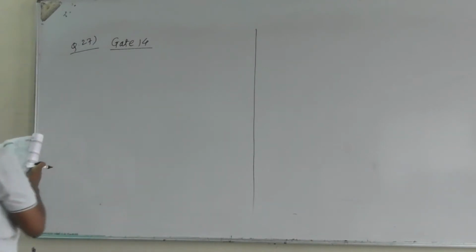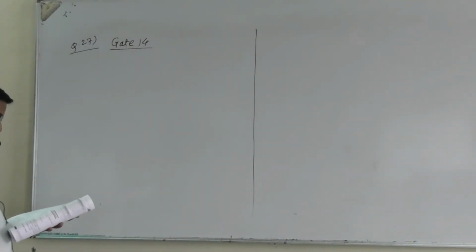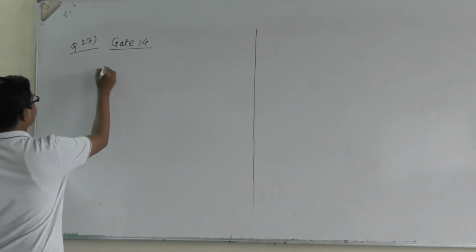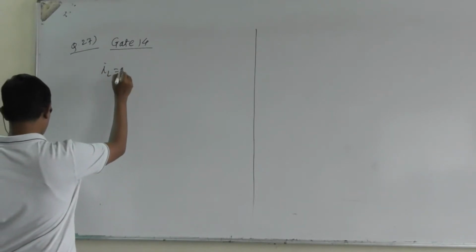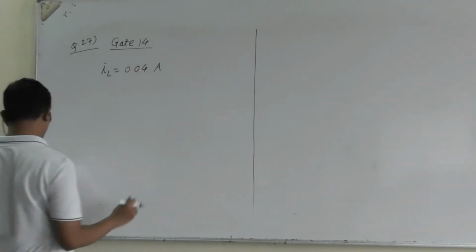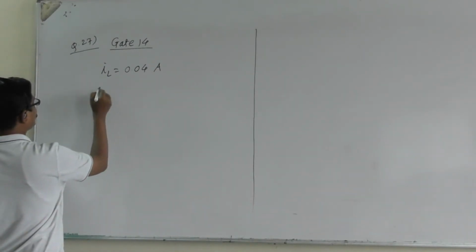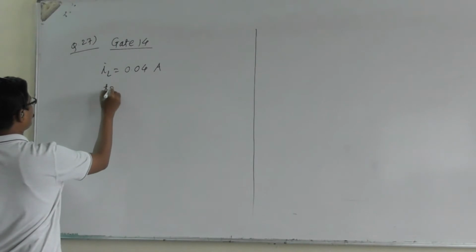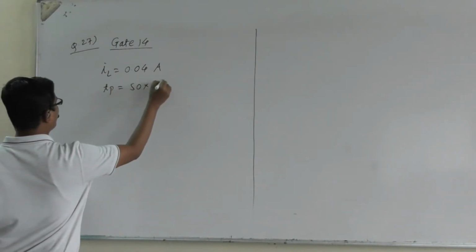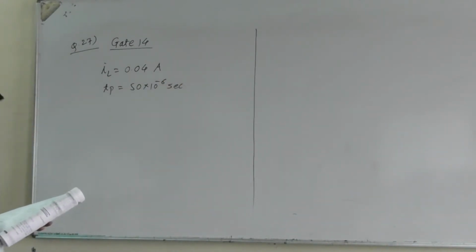The SCR in the circuit shown has a latching current of 40 milliampere. So it is given I latching, that is IL is equal to 40 milli, which means 0.04 ampere. And a gate pulse of 50 microsecond, right? Consider the gate pulse, that is TP is equal to 50 into 10 to the power minus 6 seconds, is applied to the SCR.